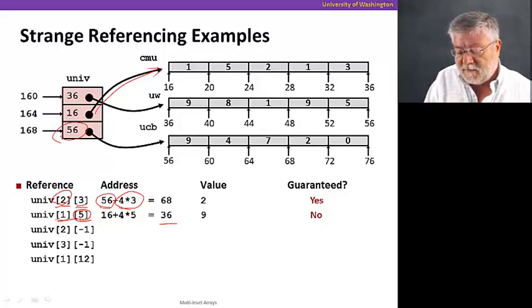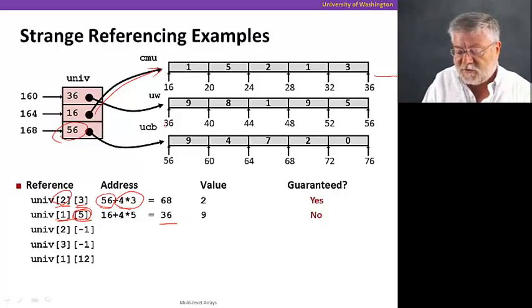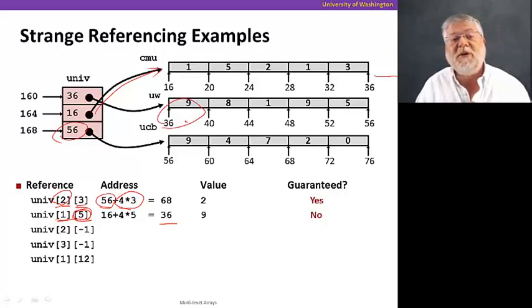And then because we have an offset of 5 elements, we're going off the end of that array. And we go to address 36 out here. Turns out, by pure coincidence, that is the first address of the UW zip code array. But that is a pure coincidence. It just happened to be that way.